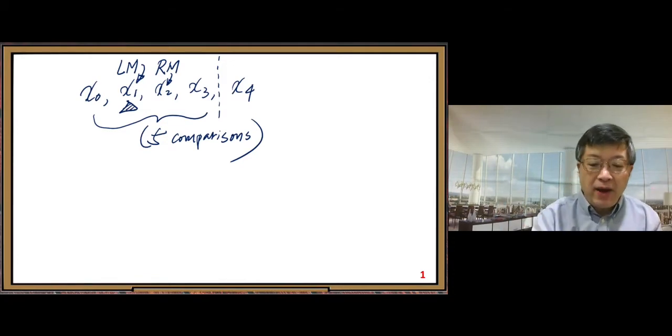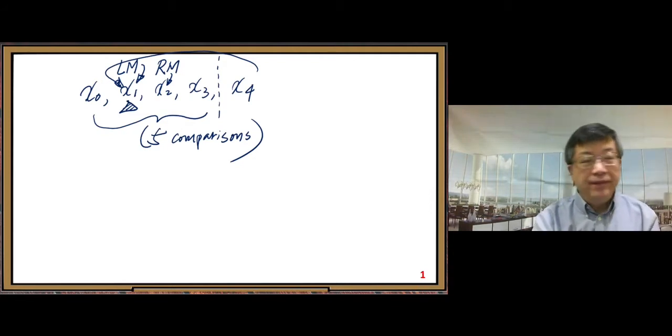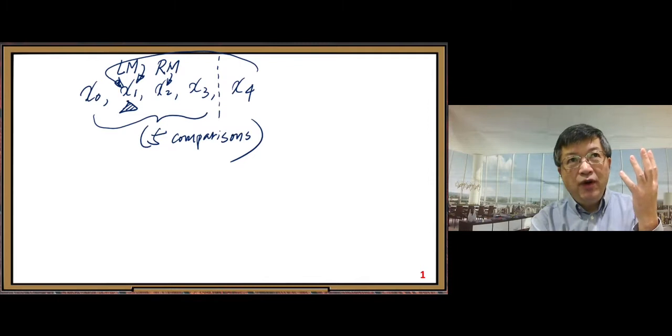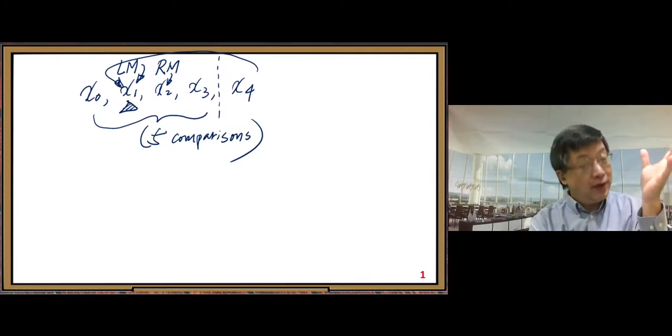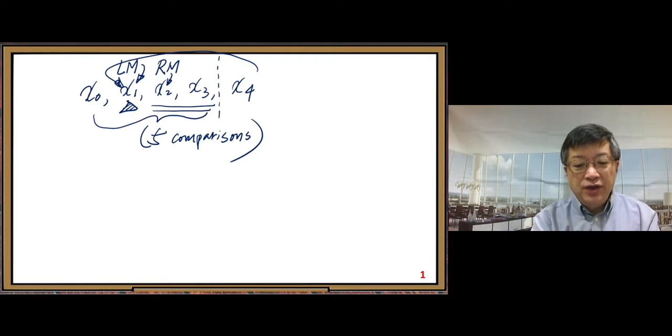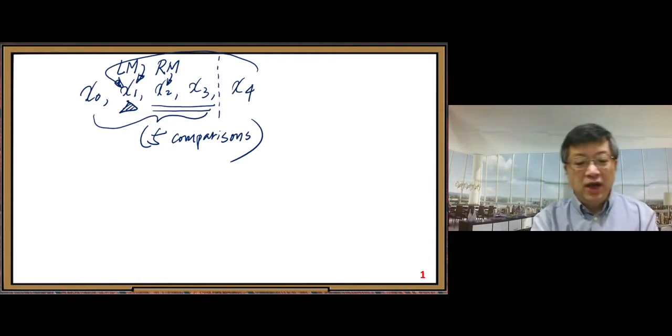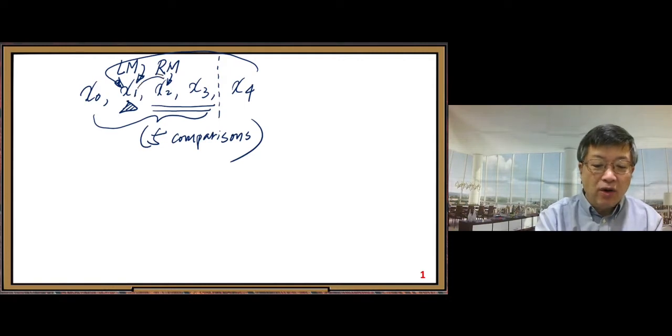Now, if you compare x4 with the median x1, for the worst case, x4 is greater than x1. That will be worse. So we need to look into these 2 elements, and you need 2 more comparisons.